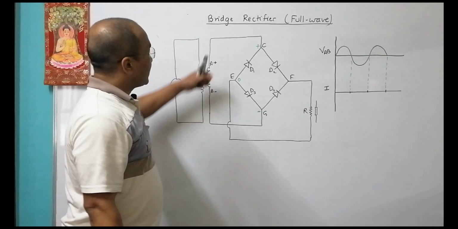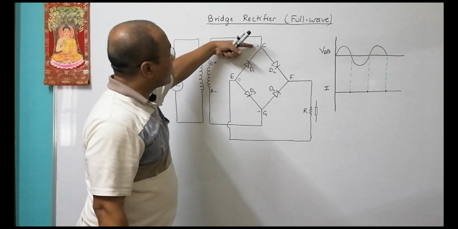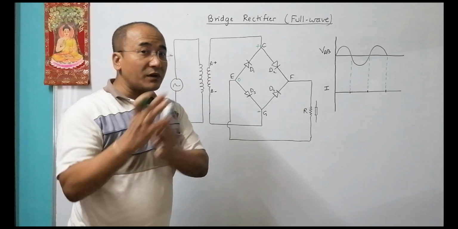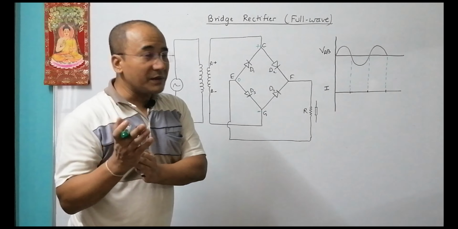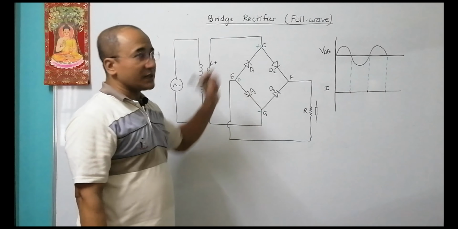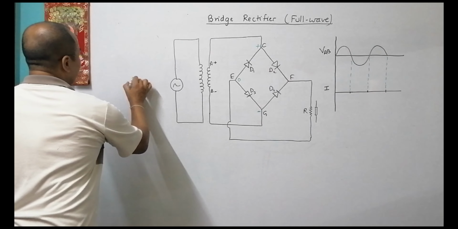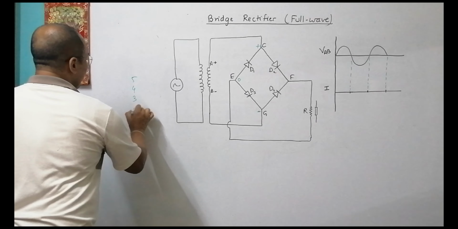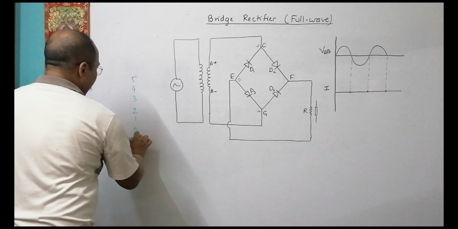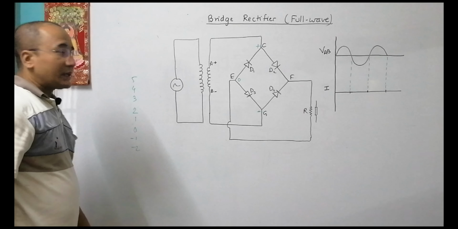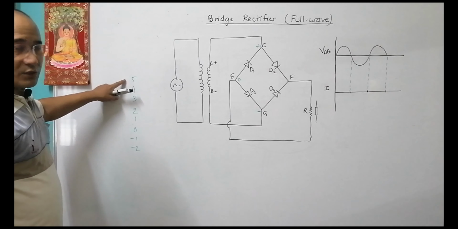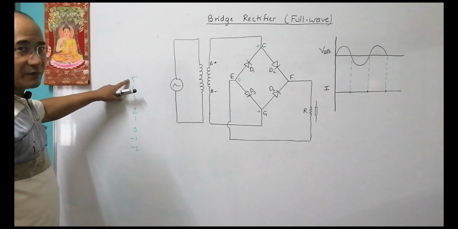But what happens is 0 is negative compared to positive. 0 is smaller compared to positive, so smaller means that it is negative compared to this. If you have got 5, 4, 3, 2, 1, 0, minus 1, minus 2 like this, then 3 is less than 5, so I can say 3 is negative compared to 5.